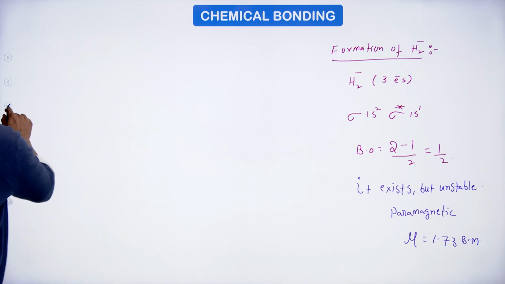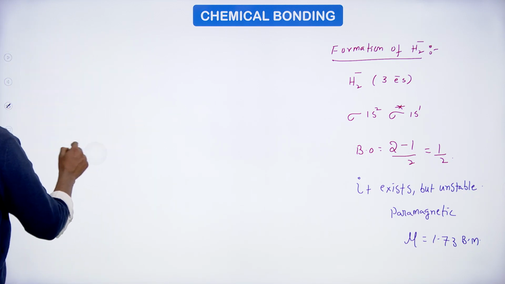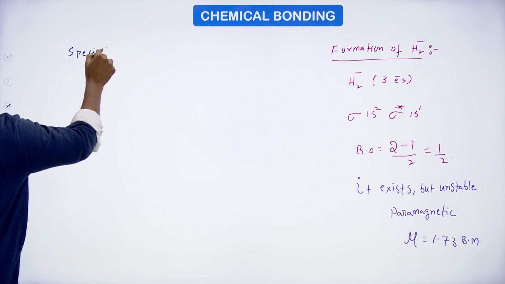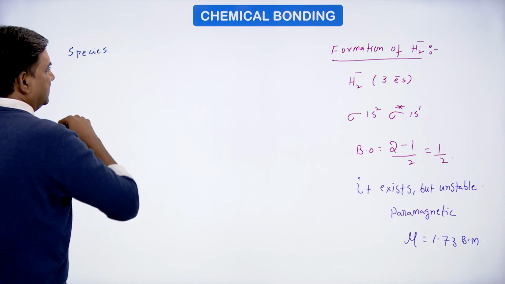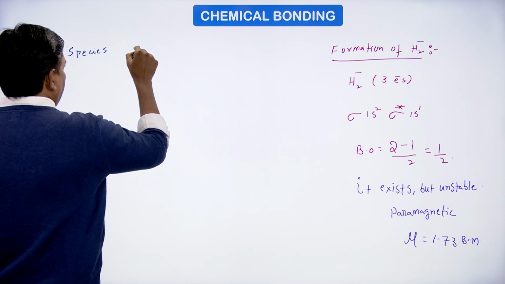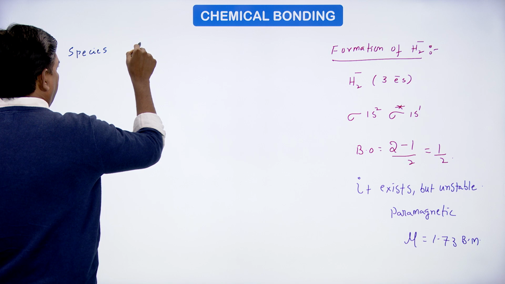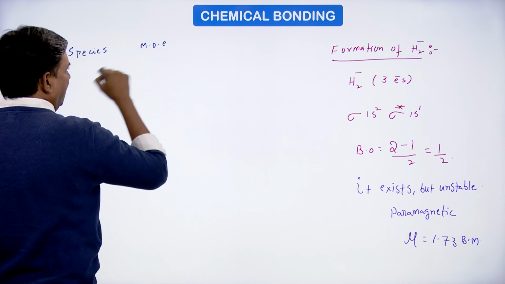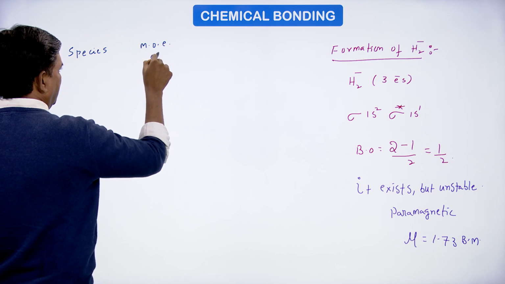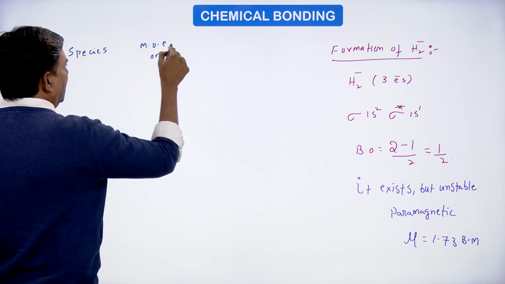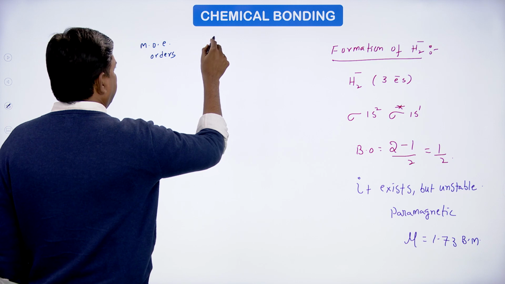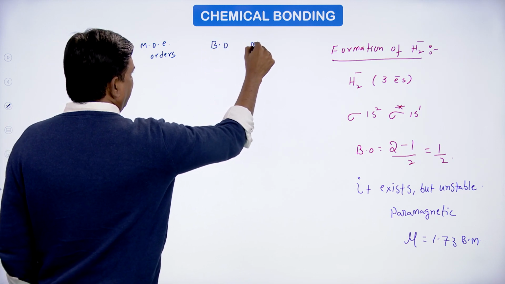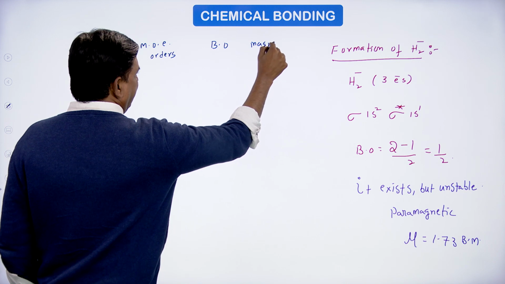And students, I suggest you write one table here: the species, molecular orbital energy level order, bond order, and magnetic nature.